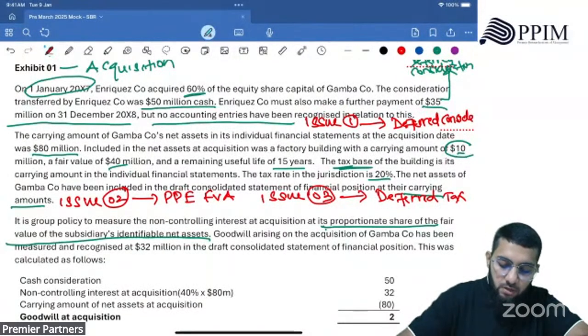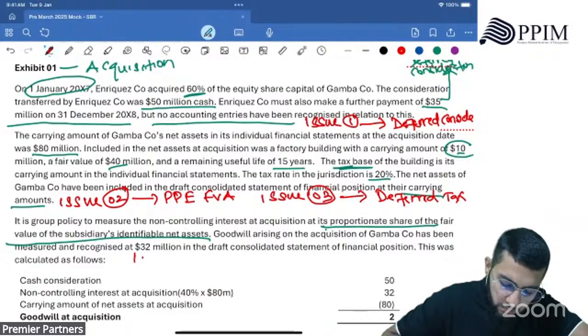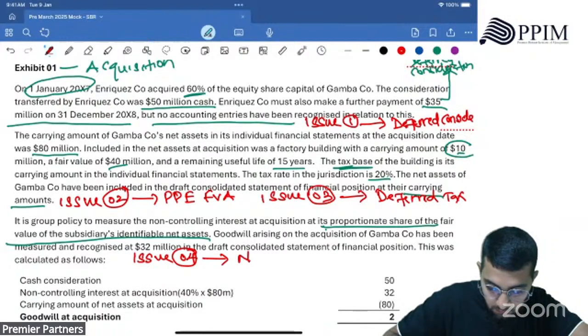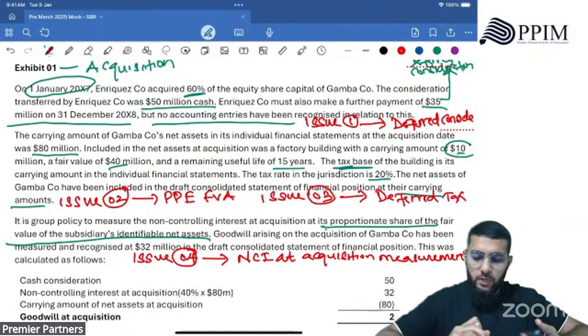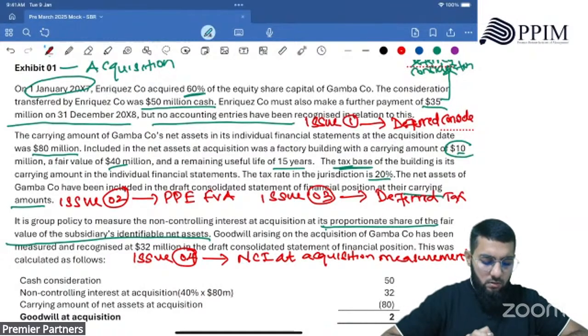That's issue number 4. Okay, that's issue number 4.